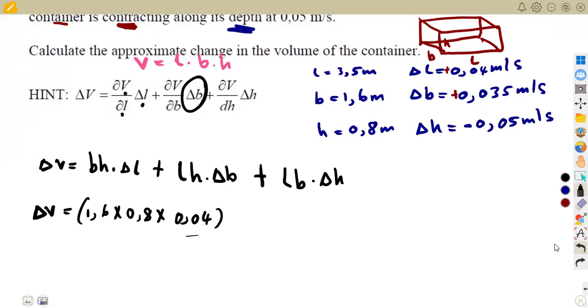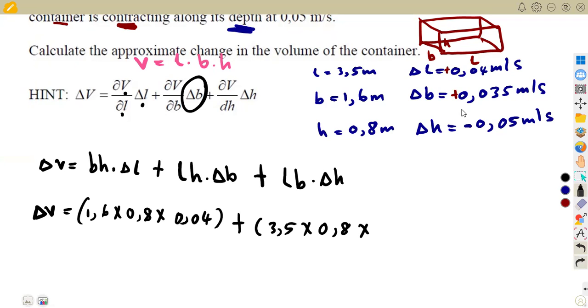Okay, we move on to the second one, plus the length times the height. So this is what we have, the length, 3,5. So it's going to be 3,5 times the height. Our height in this case is 0,8 from what you're given here, 0,8 times the change in the breadth.